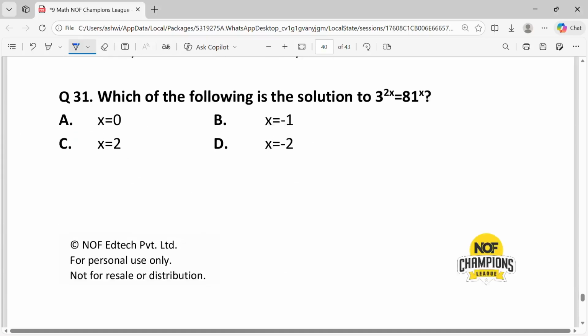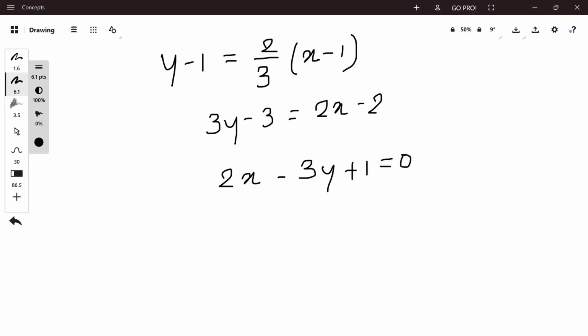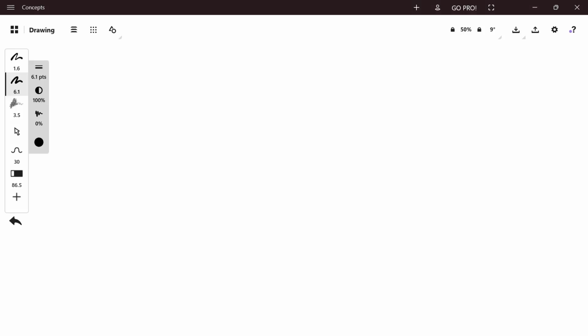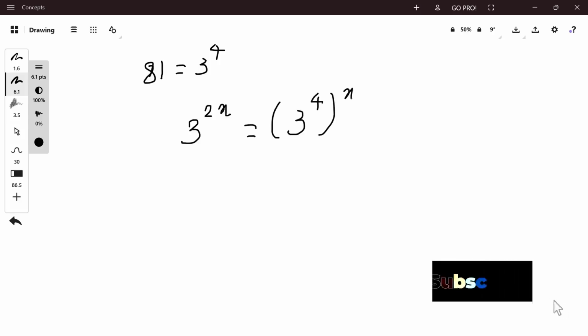Which of the following is the solution to 3 to the power 2x equal to 81 to the power x? Rewriting 81 as a power of 3, that is 81 is equal to 3 to the power 4. That is 3 to the power 2x is equal to 3 to the power 4 to the power x.